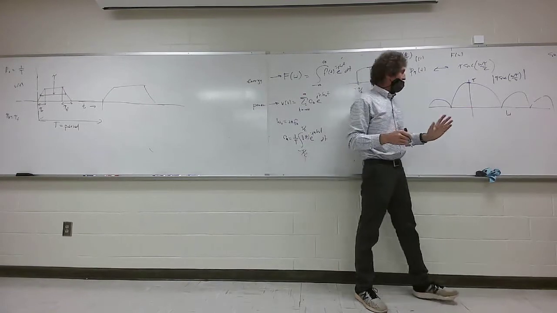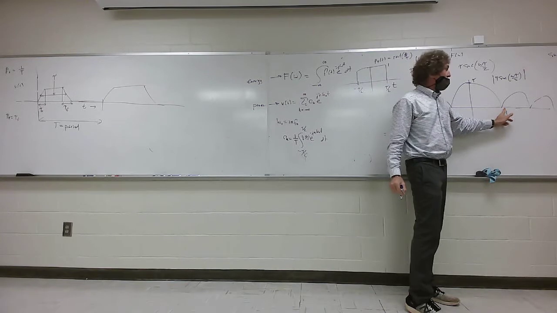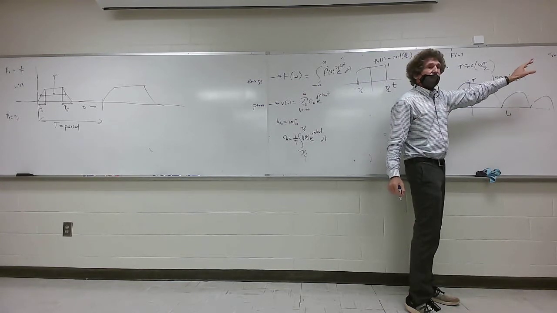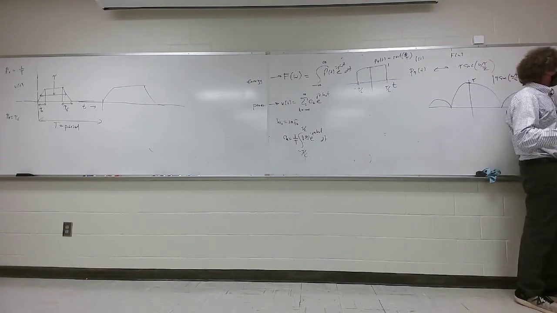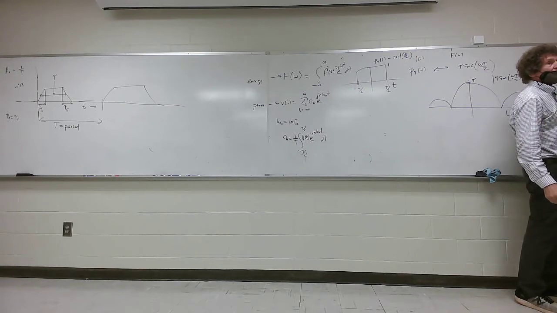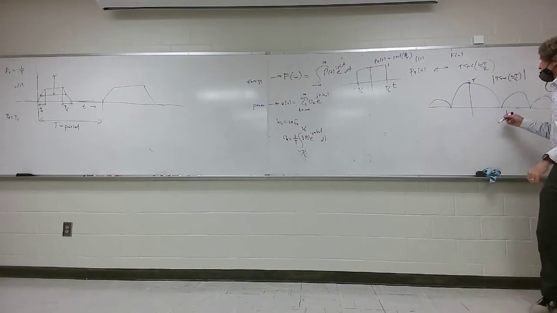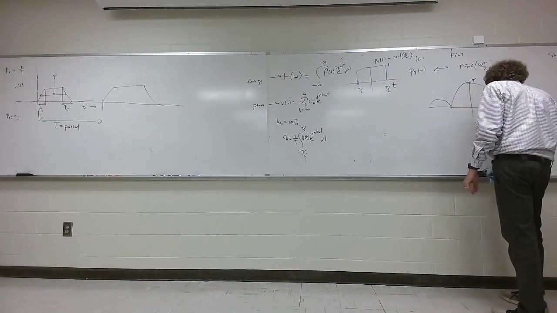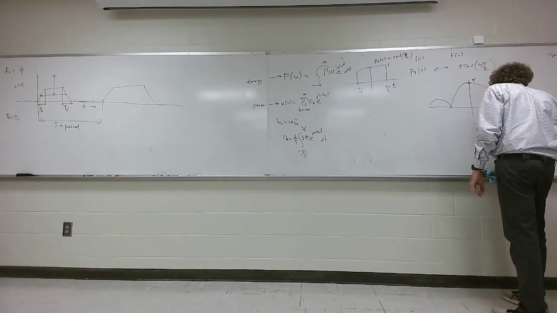The key thing is, how do you get this first 0? Anybody? Look at the definition over there. The sinc of x is sine of x over x, right? So forget the origin at x equals 0. When's the next time sine of x is 0? Plus or minus pi, correct, class? So this 0 right here will be when omega tau over 2 is equal to plus or minus pi.